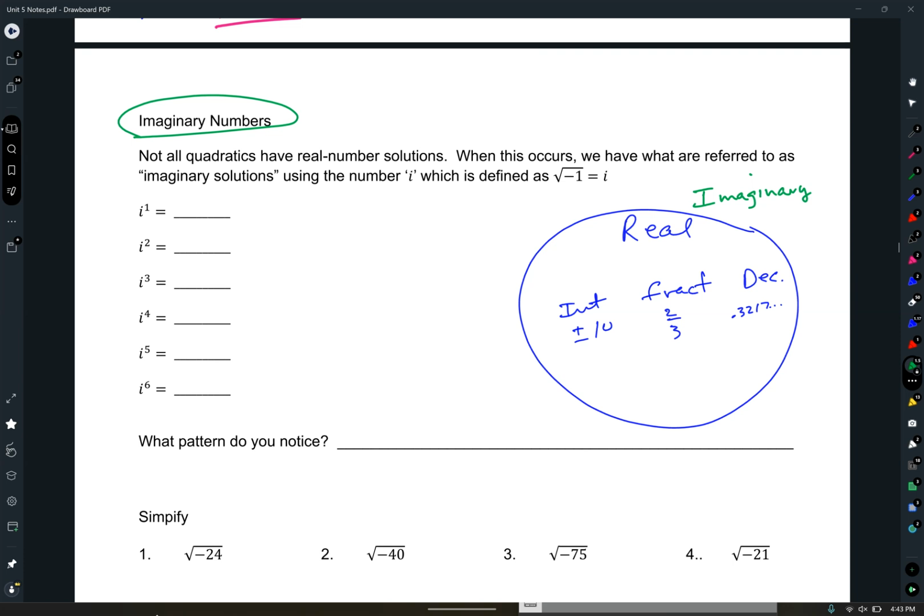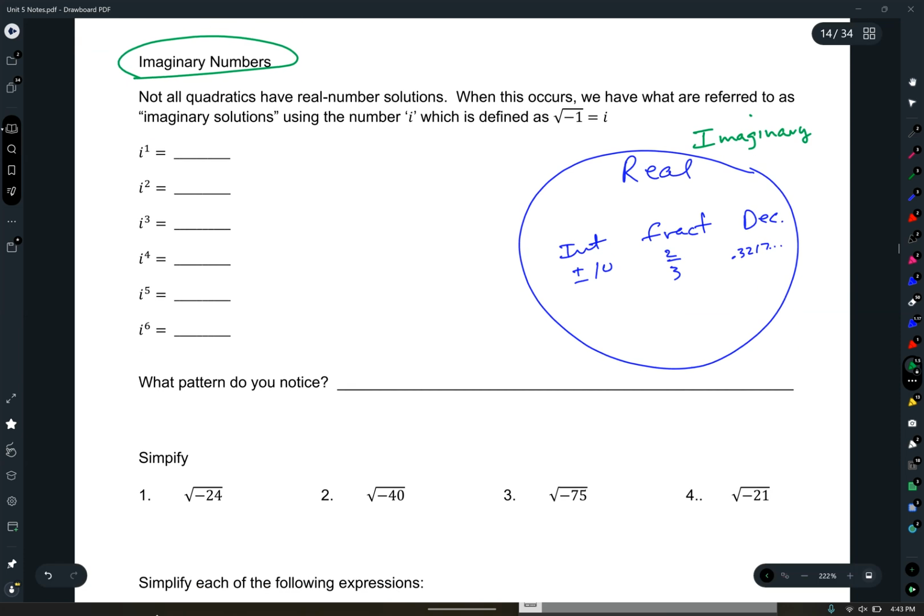Okay, and we don't really do much with imaginary numbers in high school math, except what we're doing today, and that is to let you know that they exist. They exist, but it's a much more involved kind of level of a math system. So the only thing you really need to know about imaginary numbers as far as standardized tests is what we're going to go through today.